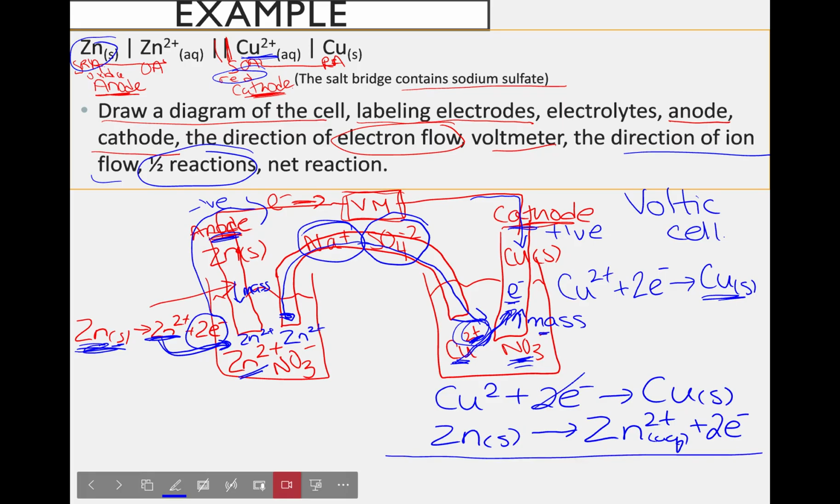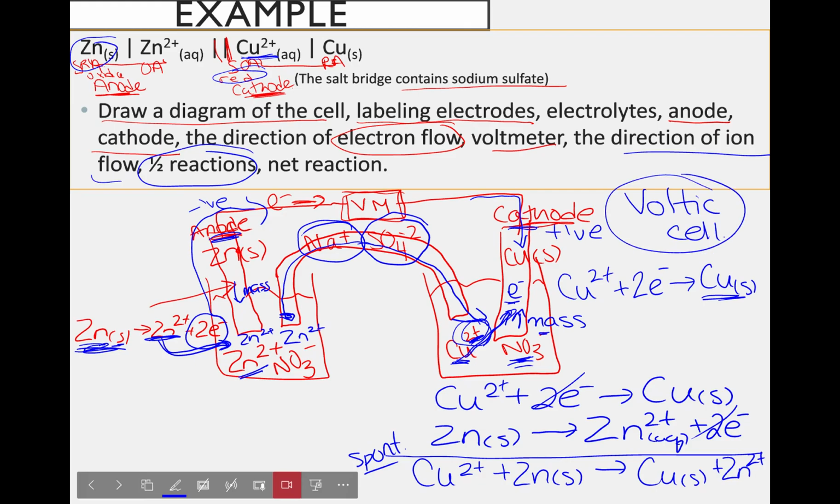So you can add these 2 half reactions together to get your net ionic equation or your redox reaction. So we have that plus zinc 2 positive, and you're always above your RA, so this reaction would happen spontaneously. And within this voltaic cell, you're turning your chemical energy into electrical energy because you are getting some voltage.